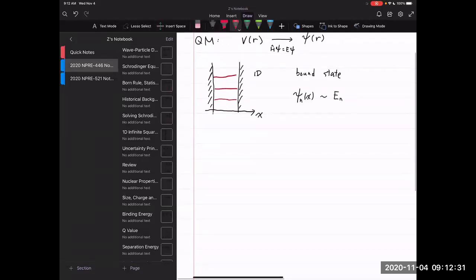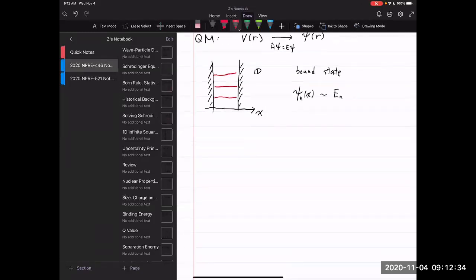Then we quickly move to a more realistic potential, which is indeed used to describe nuclear physics, and that is the three-dimensional square well potential as a function of R. Since it's a 3D potential, we only plot the radial component. So V of R doesn't depend on theta and phi.